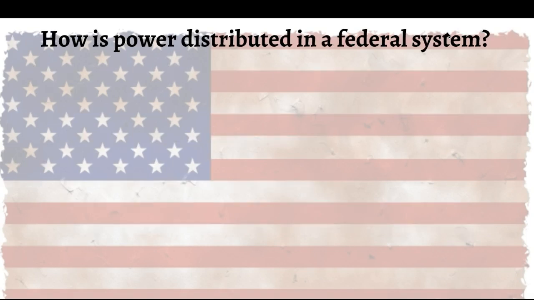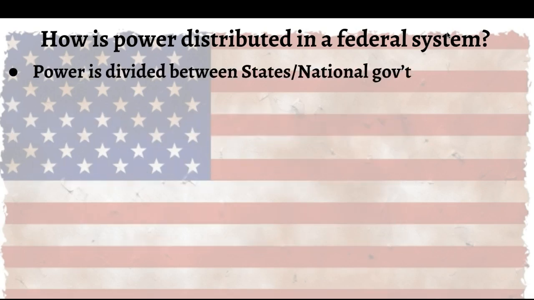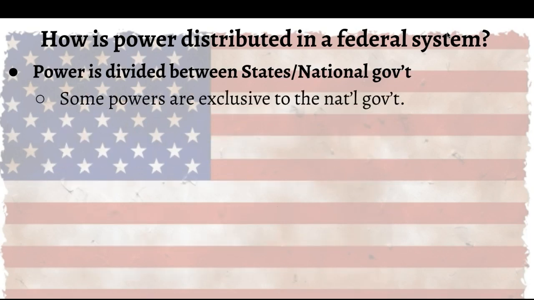So how is power distributed in a federal system? Power is divided between the state and the national governments. Okay? And some powers are exclusive to the national government. So the national government has certain rights and responsibilities that only they can utilize, right?